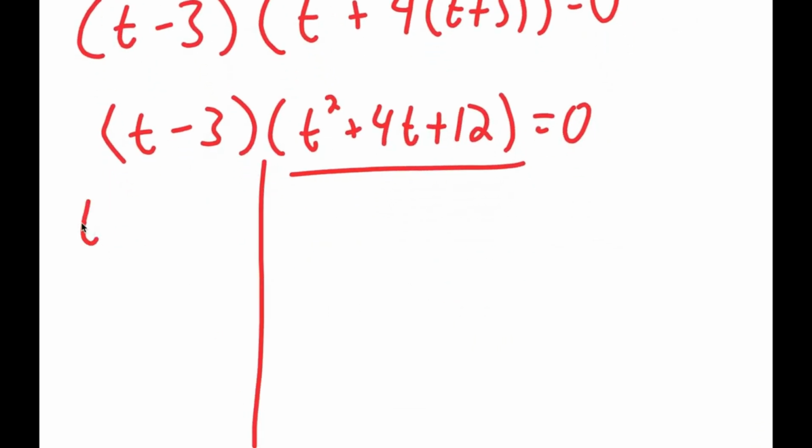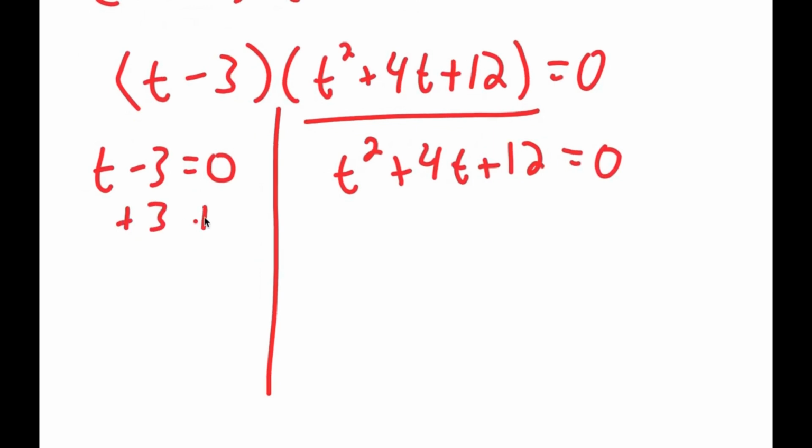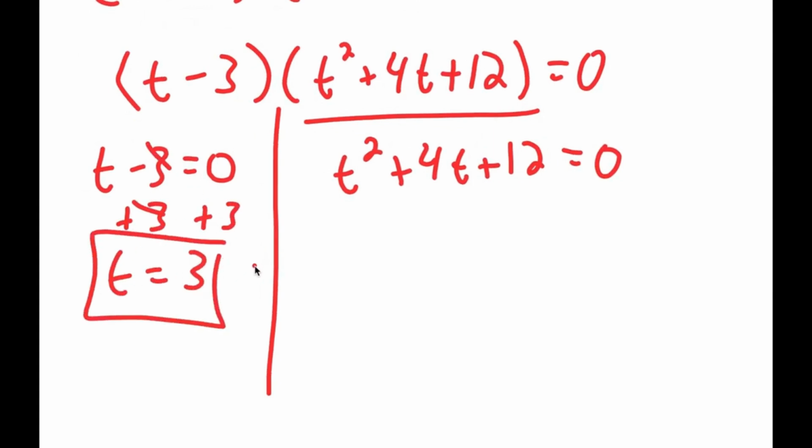So now this gives me two equations. I get t minus 3 is equal to 0, and t squared plus 4t plus 12 is equal to 0. So obviously t minus 3, we already know the answer to that is t equals 3. But for t squared plus 4t plus 12 is equal to 0, to solve this, we're going to have to use the quadratic formula.